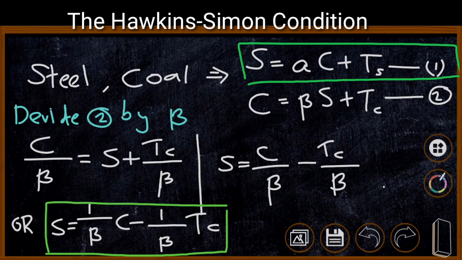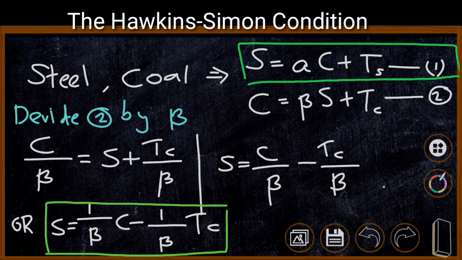If the input output solution is feasible, then it involves the intersection between these two lines, that means S is equal to alpha c plus Ts, and the second equation, S is equal to 1 by beta c minus 1 by beta into Tc. The lines of these two equations intersect, or the solution takes place in a positive quadrant.